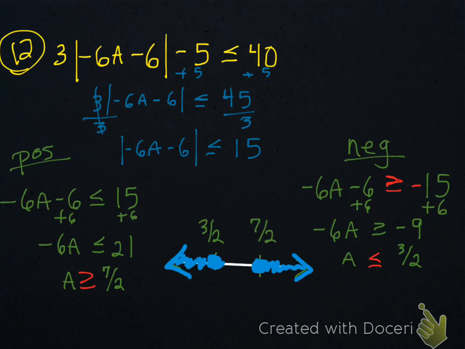So for our interval notation, we're going to go from negative infinity, 3 over 2 with a bracket, union, bracket, 7 over 2 to positive infinity.